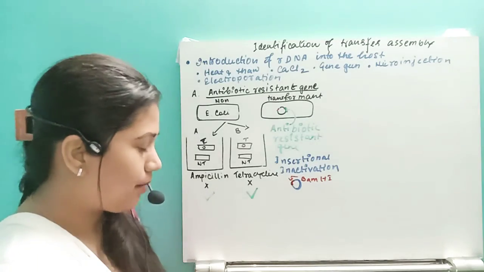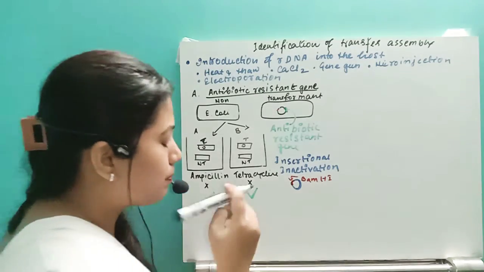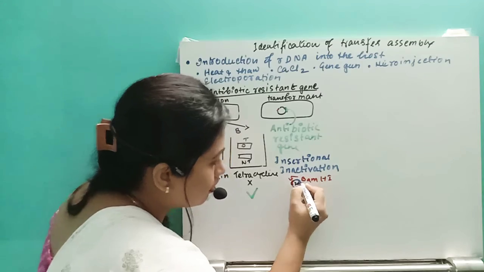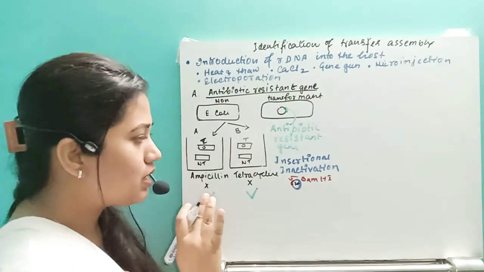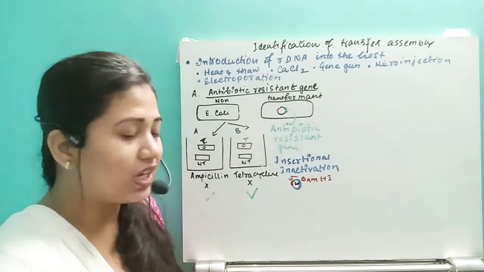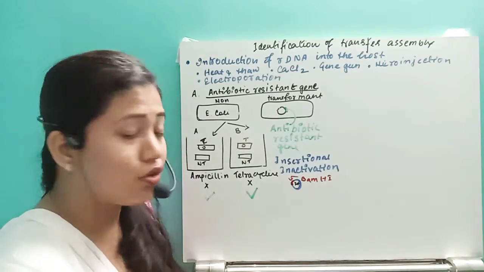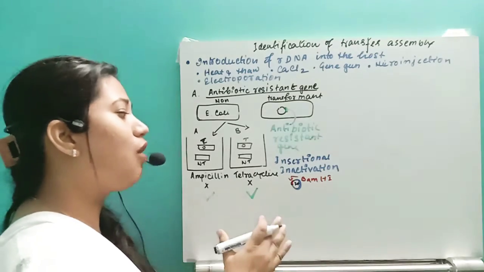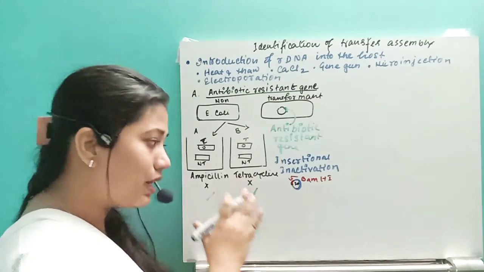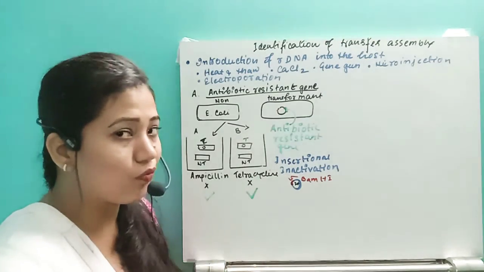So what happened in this, suppose the tetracycline resistance gene was there. In this, the tetracycline resistance gene is getting inactivated. So tetracycline resistance will not be able to work if we allow the gene fragment to attach to the BamHI site.